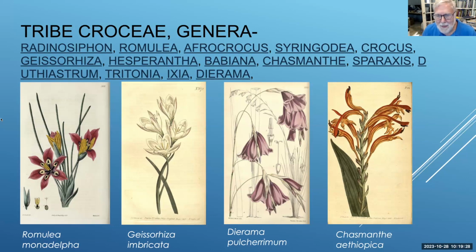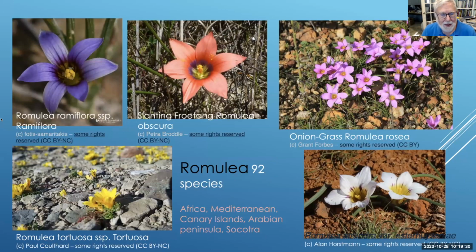Okay, next slide. Now, just to give you an idea of some of the Romuleas, they would be great alpine garden plants for an alpine house or a cold greenhouse. I don't think many of these will make it outside, except in a Mediterranean climate.